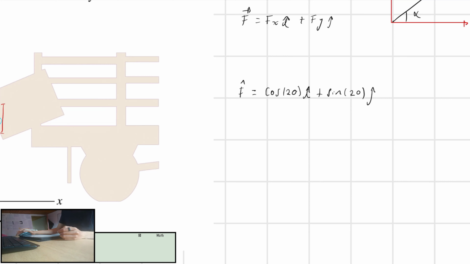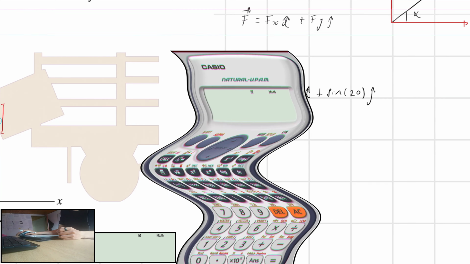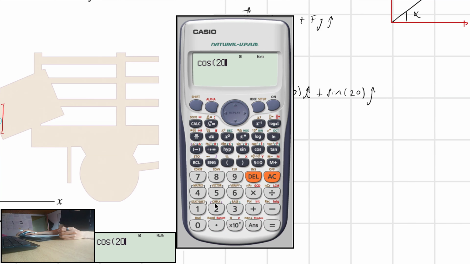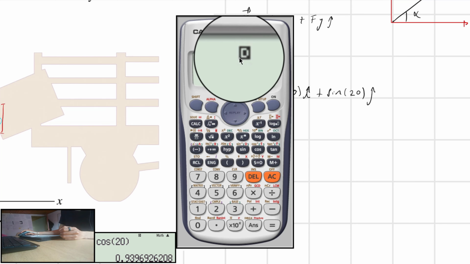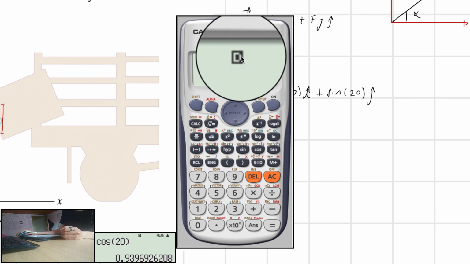All right, so this represents a number, right? The cosine of 20 is equal to 0.9396. Remember, you always have to be aware of the symbol, because it means the calculator is working in degrees.